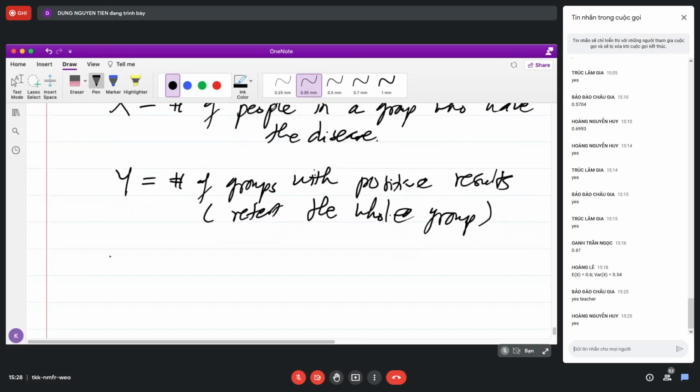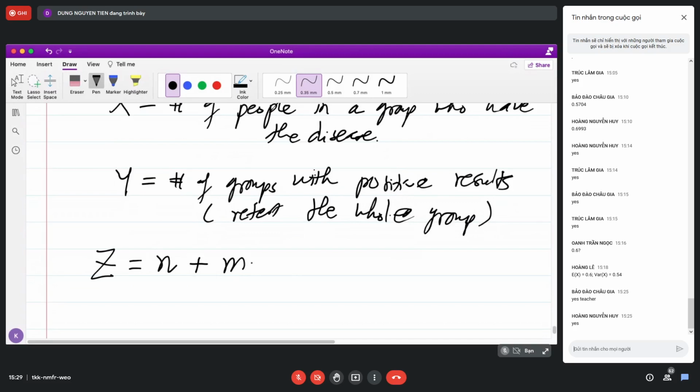Then how many tests do we need? At the beginning, you only need to test little n groups, so you need only n tests. For any additional group with a positive result, you need little m tests, because each group has m people.